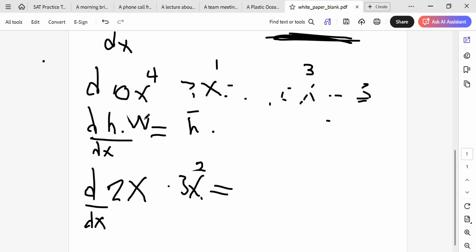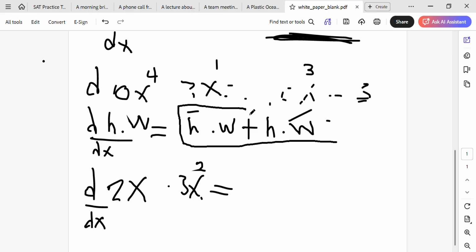That is the derivative of h times w as given, plus the first function, which is h, as given, times the derivative of the second function, w. So I'm going to find the derivative of this variable. So the derivative of w will be w prime. So that means the derivative.